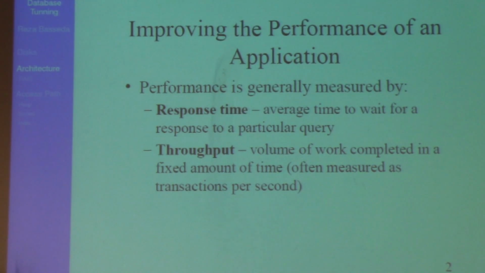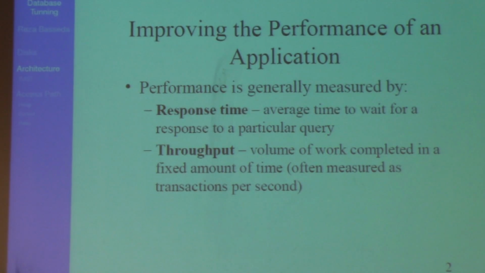Suppose that we have an OLTP database. What is our concern when we have OLTP? What is OLTP? Online transaction processing, right? There are a lot of people using ATM machines, and the ATMs are running transactions.